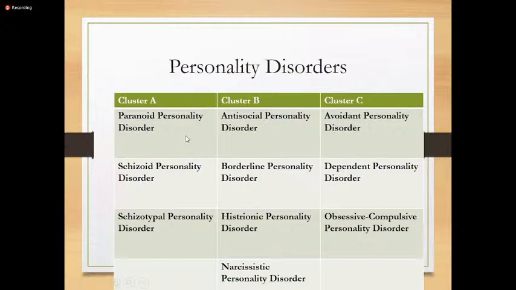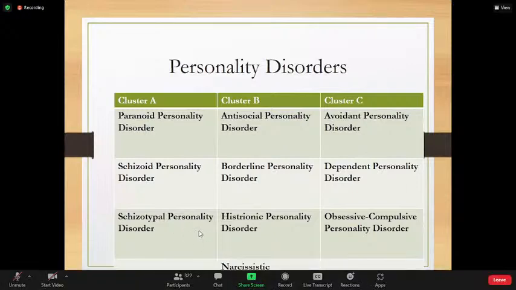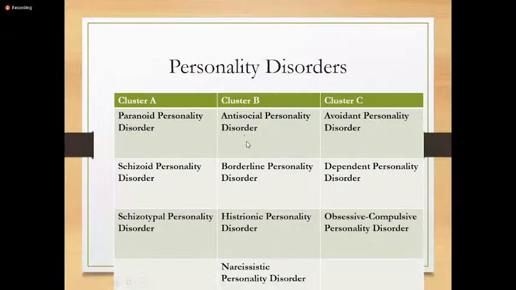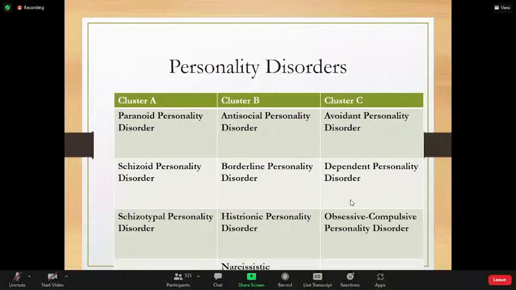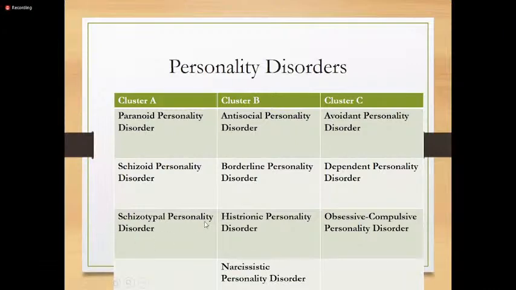Cluster A: paranoid personality, schizoid personality, schizotypal personality, which I mentioned has also moved to be part of another group of psychosis. Cluster B used to include antisocial, which used to be here. Now you've seen it's in another place. The borderline, histrionic, narcissistic, avoidant, dependent, and obsessive-compulsive.